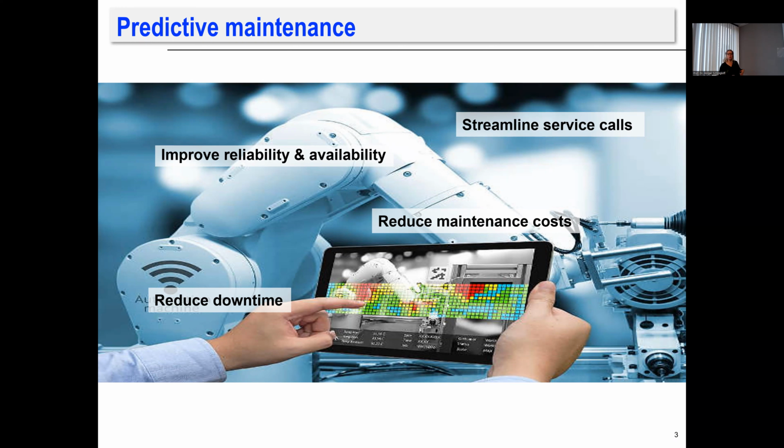Predictive maintenance is really a buzzword. It promises you higher reliability, higher availability, streamlined service calls, lower costs, reduced downtime. And of course, that sounds very good. This is what everybody wants.